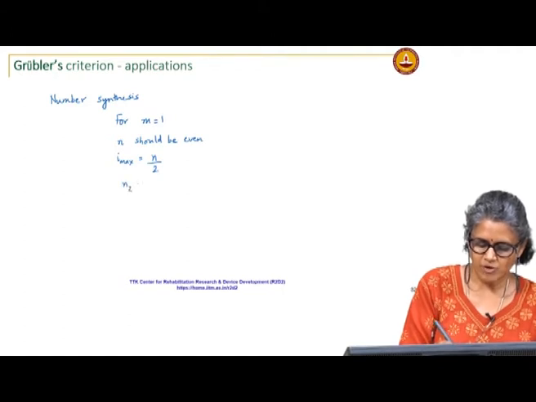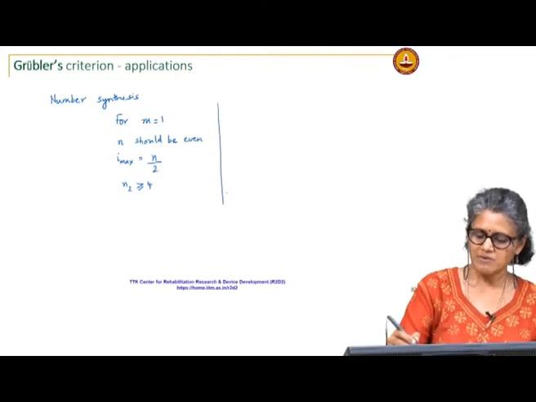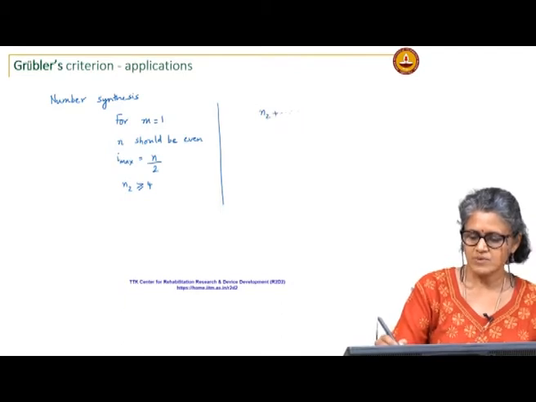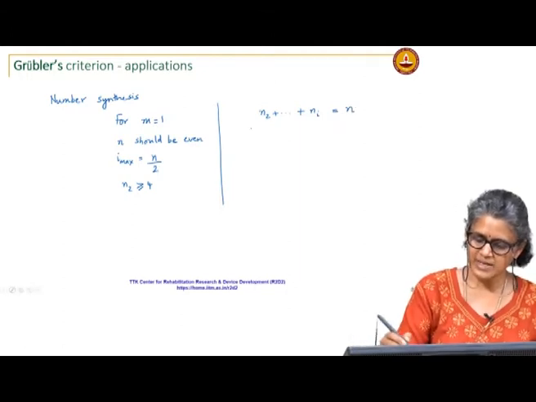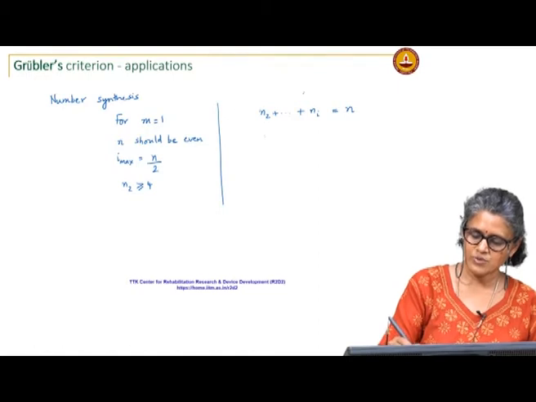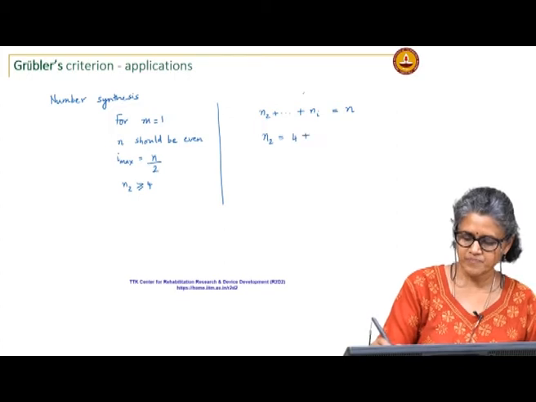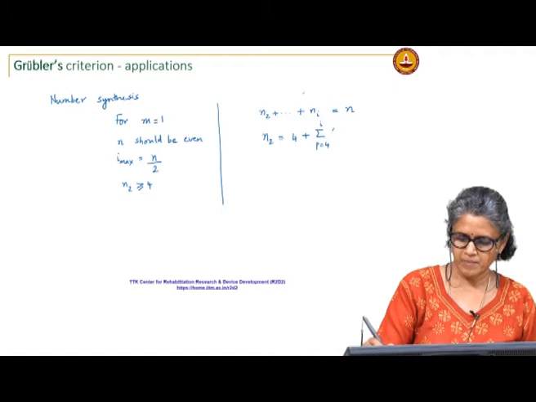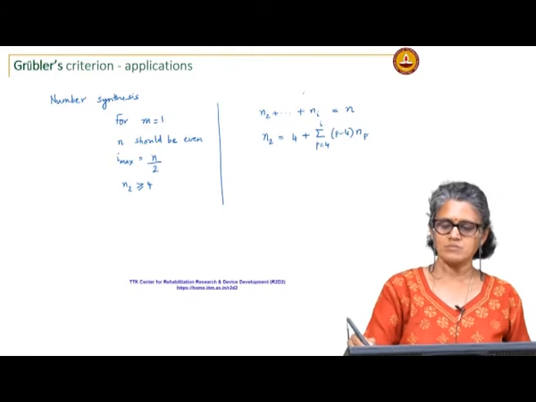And then you have to satisfy a minimum of binary links greater than or equal to 4, and then you have to satisfy the equation n2 plus whatever ni equal to the total number of links. And from the mobility criterion we saw that n2 equals 4 plus sigma over p equal to 4 to I, of (p minus 4) np, because this we obtained from the mobility criterion.